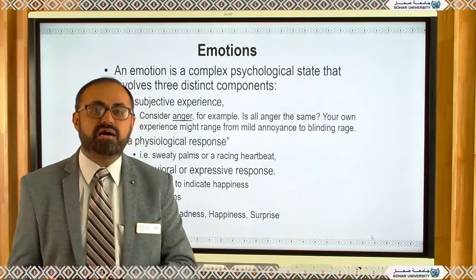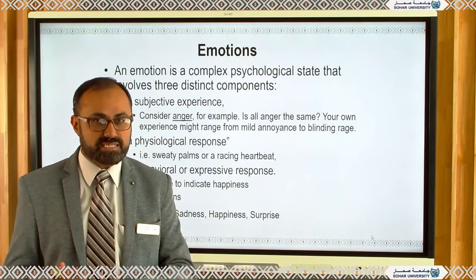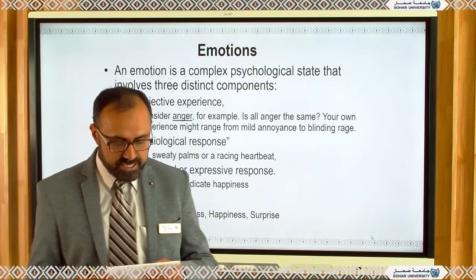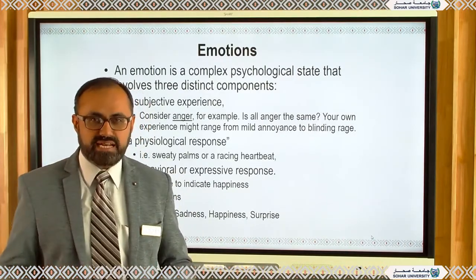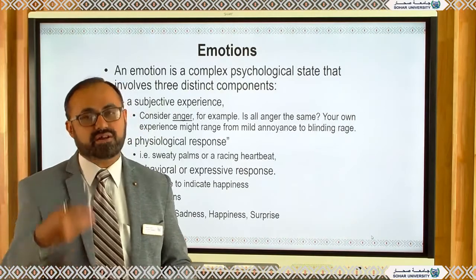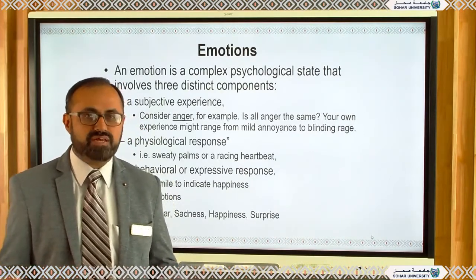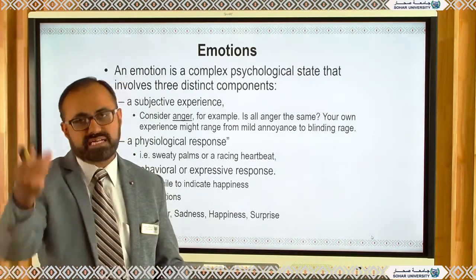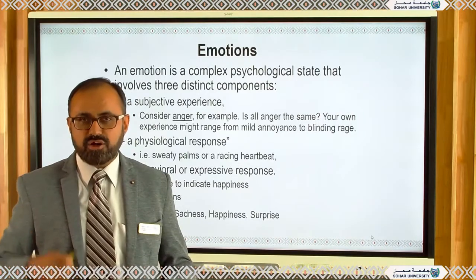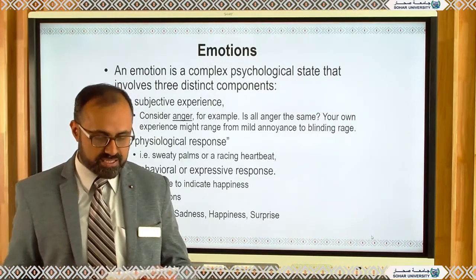For example, your heartbeat may go up and your palm may start sweating at the same time. The third thing is the behavioral expression, and sometimes you will react and you may disrespect your colleague, or you may simply smile. Okay, no problem. Even you give him a smile. Okay, I will leave everything on Allah or God for this. So this is the combination and definition of emotion.